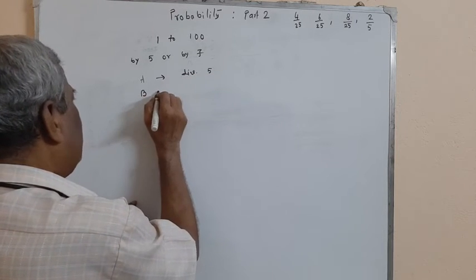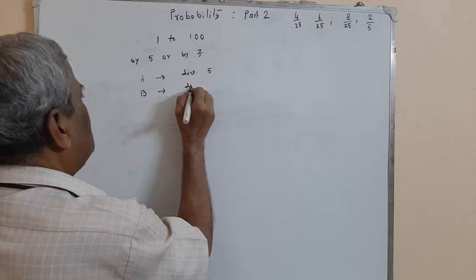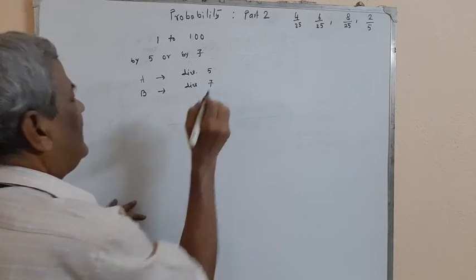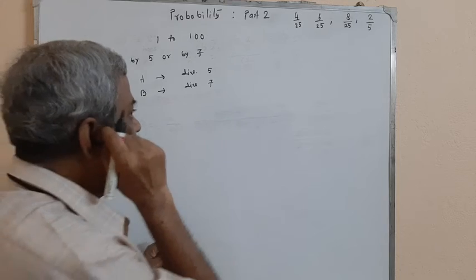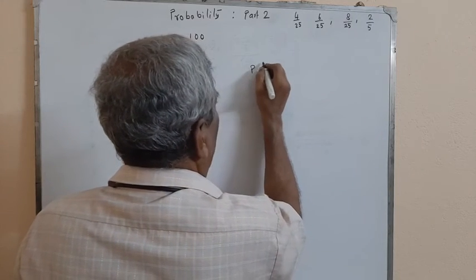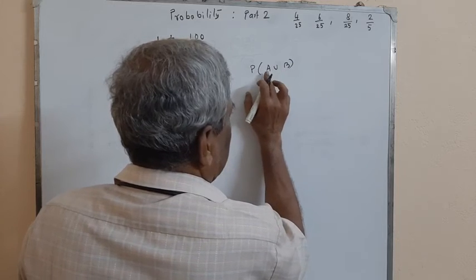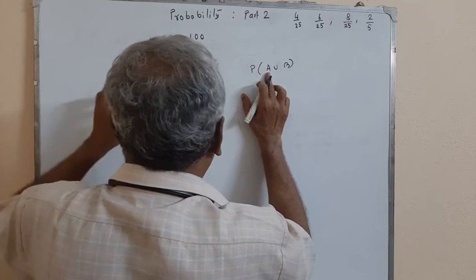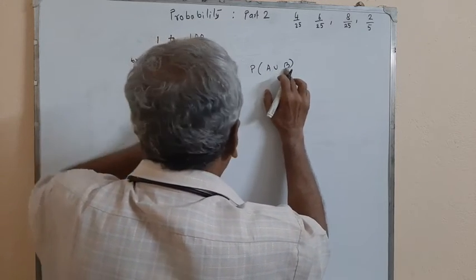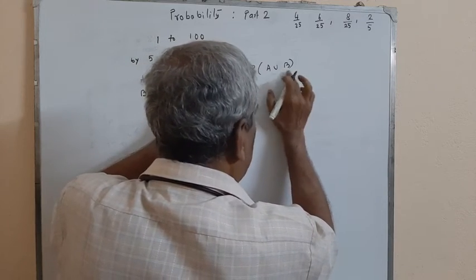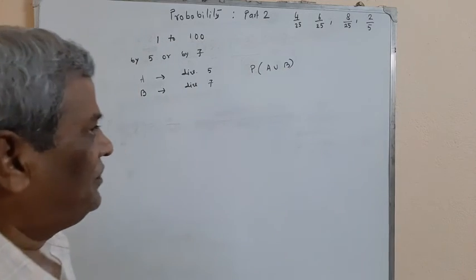B is the event that the number is divisible by 7. So we have to find the probability of A union B, means either divisible by 5 or divisible by 7 or both.